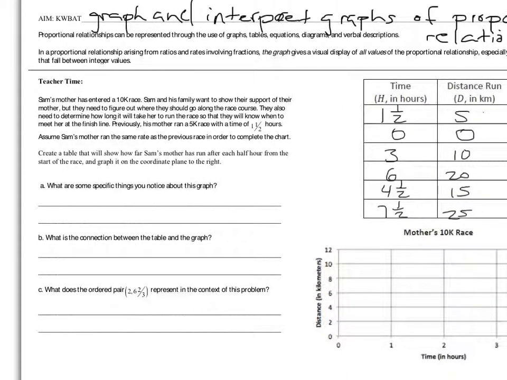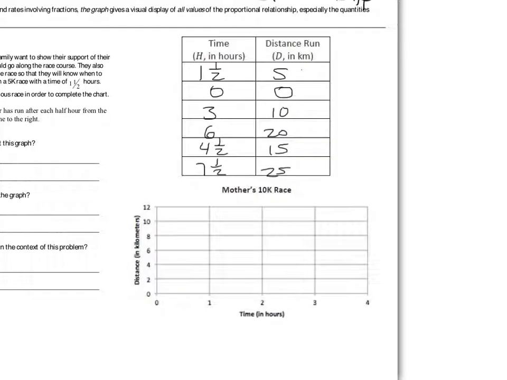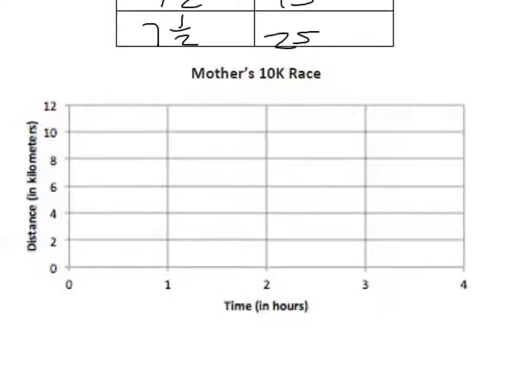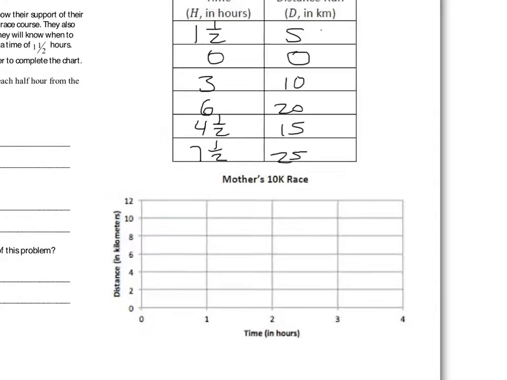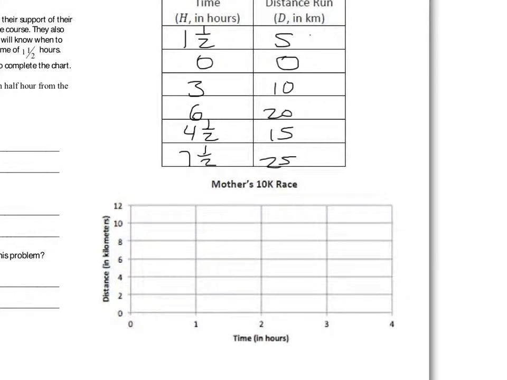All right, so coming over here, we'll go ahead and graph these values, for time in hours. So obviously we're starting at 0, 0. And then 1 and 1/2. So 1.5 hours is going to be kind of along here.